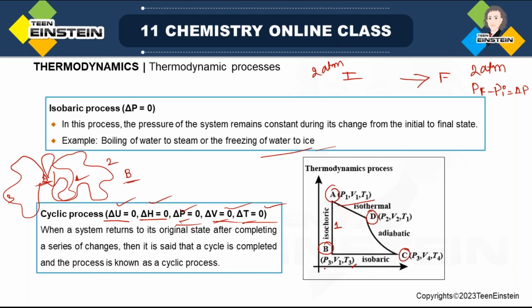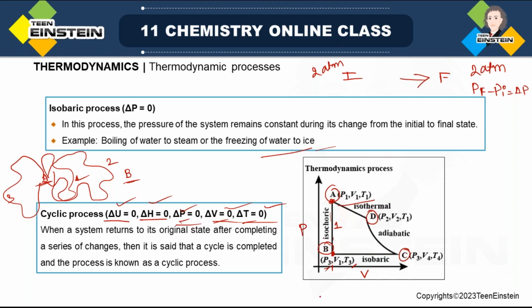Now it is T3 and there is a change in pressure also, but volume is not changed. That means this axis is volume, because if you draw a line on the x-axis, it is the same volume whether you are at this point or that point. So it is isochoric.